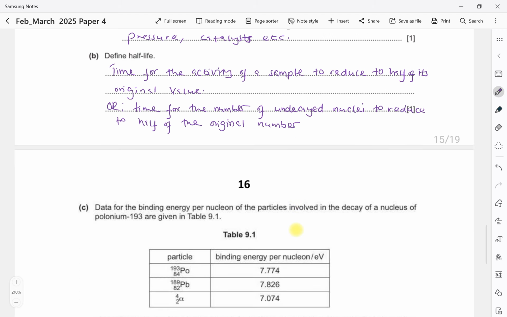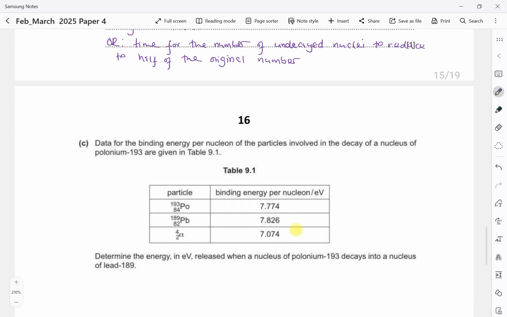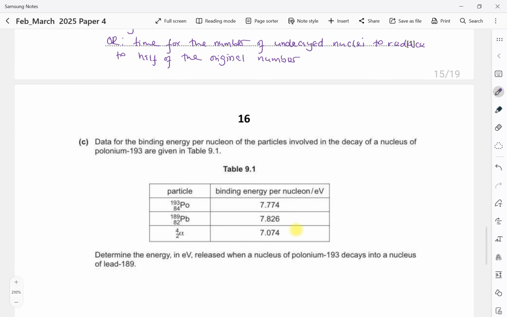So that is half-life. Of course, activity is the number of nuclei decaying per unit time, or the rate of disintegration. The data for the binding energy per nucleon of the particles involved in the decay of a nucleus of polonium are given in the table.